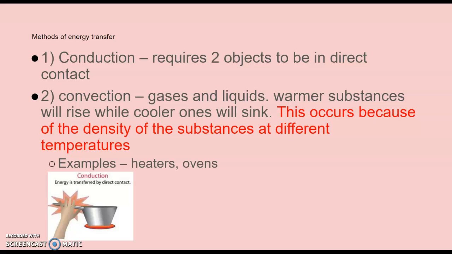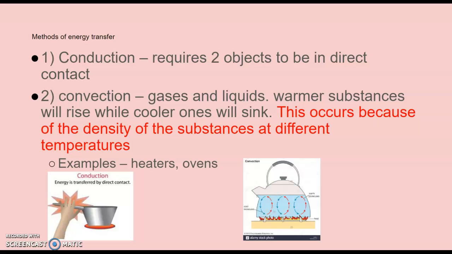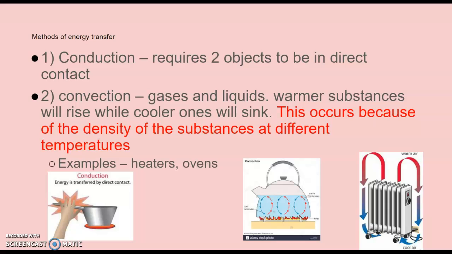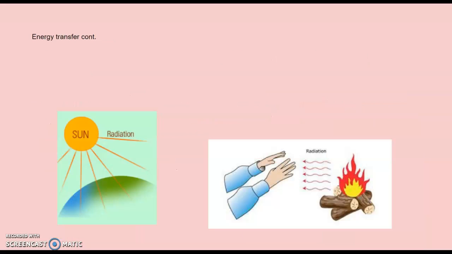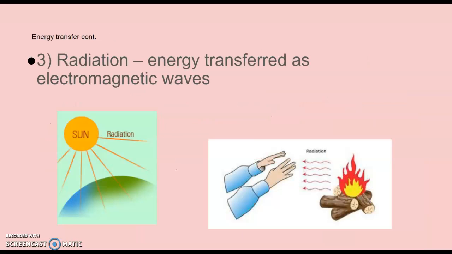Examples, this is an example of conduction, right? This pan is hot, and if I directly touch it, that energy transfers through my physical contact. Boiling water or heaters. It's causing the warm air to go up, cold fluids to go down. And this method of energy transfer is called convection. My third energy transfer is called radiation.